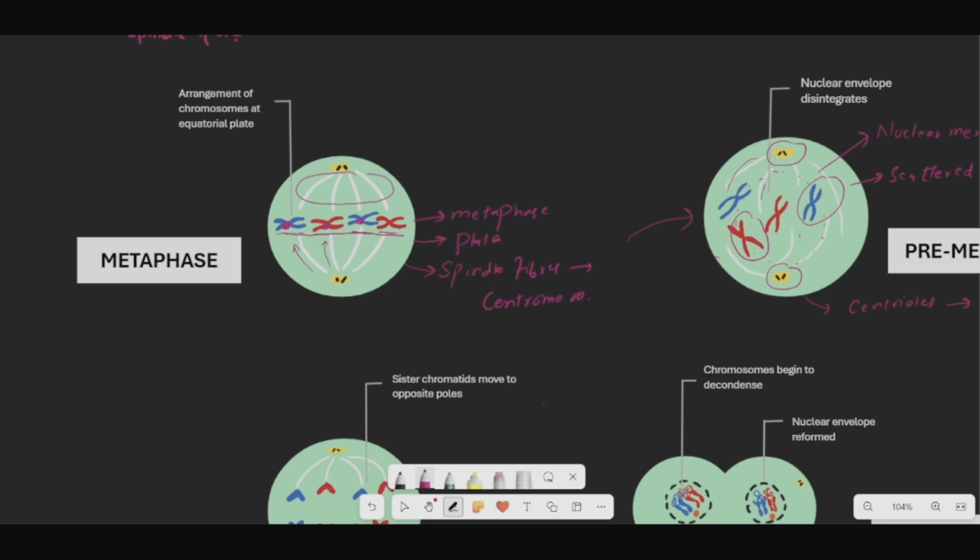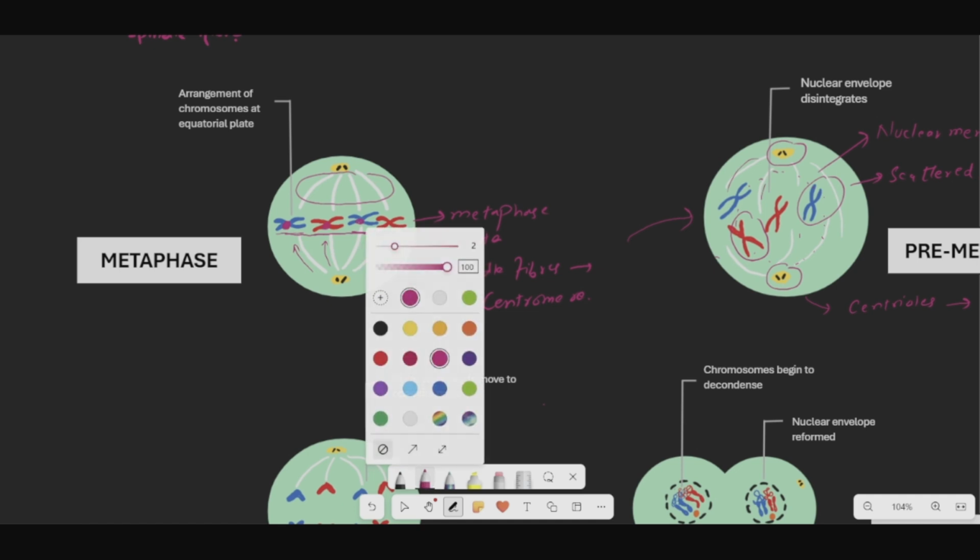Of the chromosomes, and this is a very important checkpoint stage of the mitosis, because every chromosome should be properly aligned at the center of the cell. Everything should be in proper balance so that the spindle fibers can properly attach at the centromere of the chromosome. If for any reason the alignment is wrong, the division will not proceed.